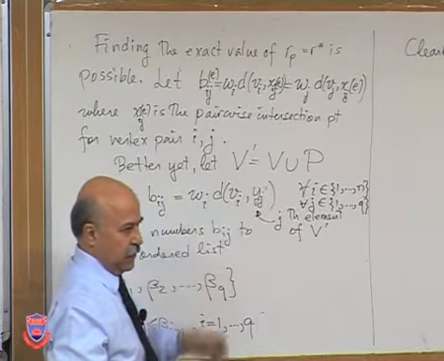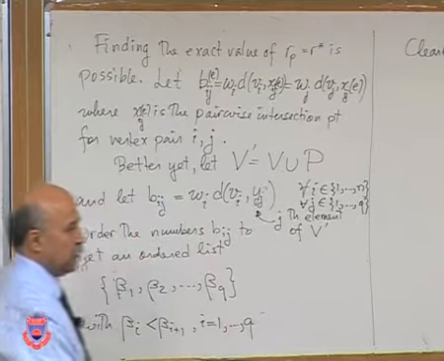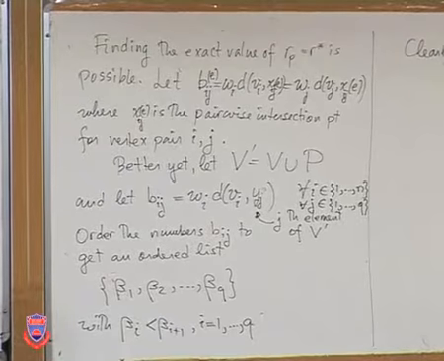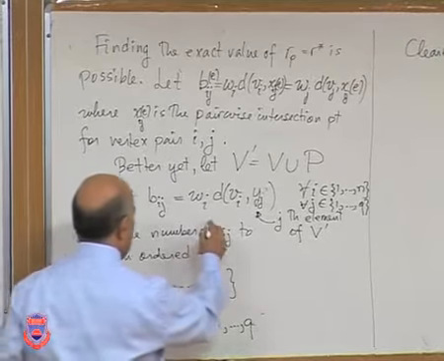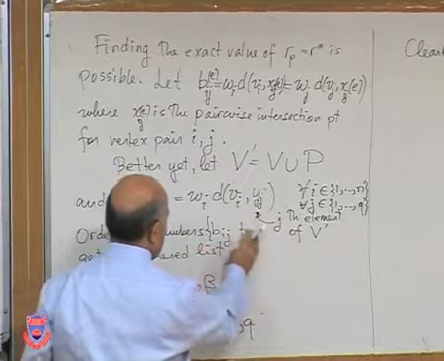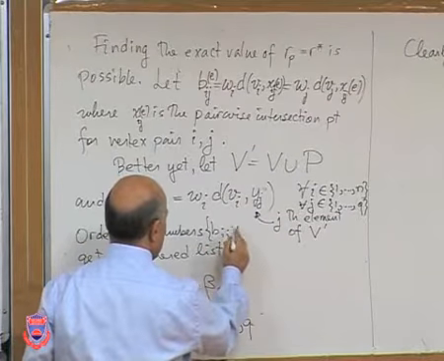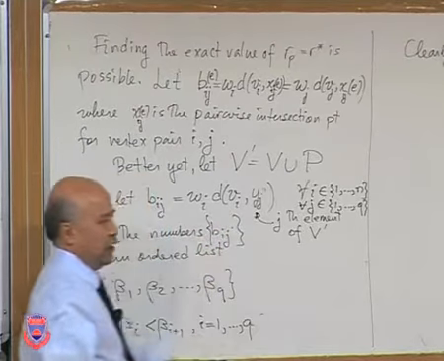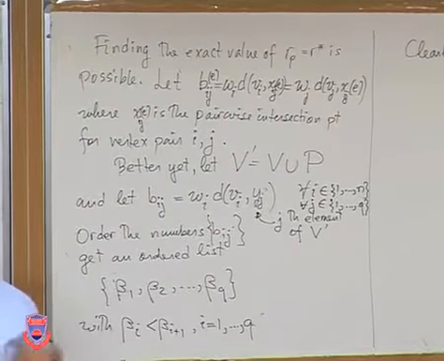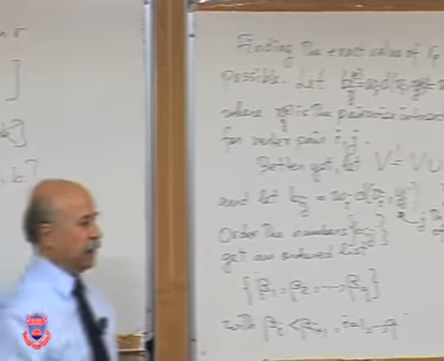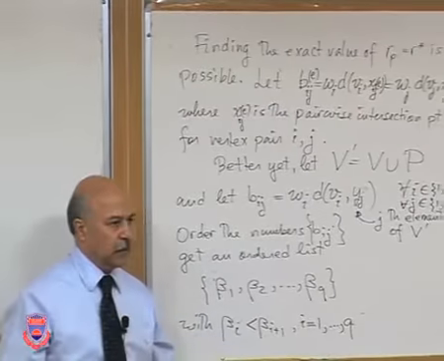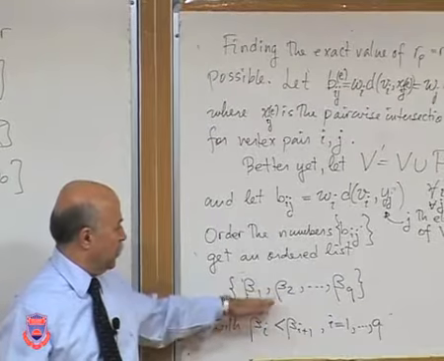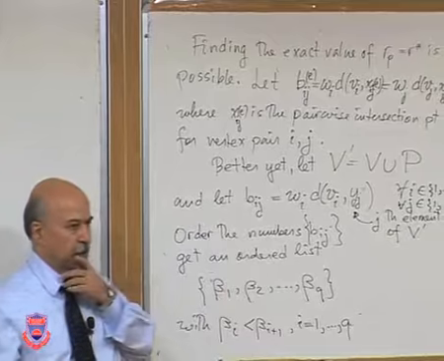I calculate all these values and then order them. The notation is a little bit misleading, but all I'm saying is, you compute the Bij for all possible pairs of demands and candidate points, and then order them. However many you get, you just have a new list with distinct numbers in it. Okay?